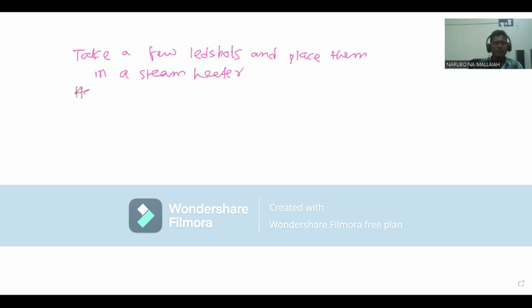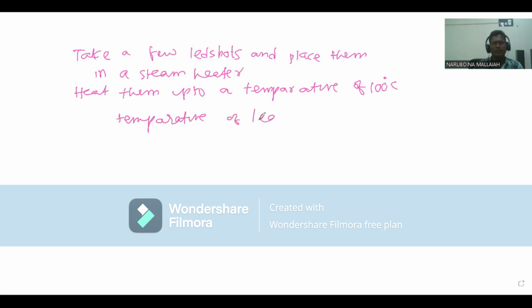Now we have to heat them up to a temperature of 100 degrees centigrade. Now we have to measure the temperature of the lead shots. So temperature of lead shots, say T2.